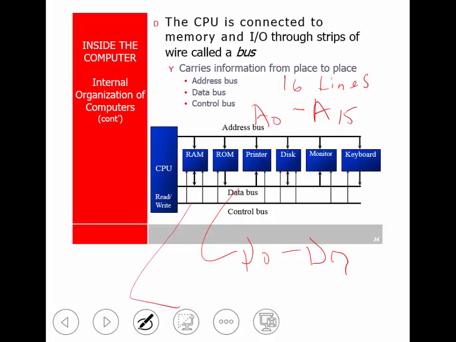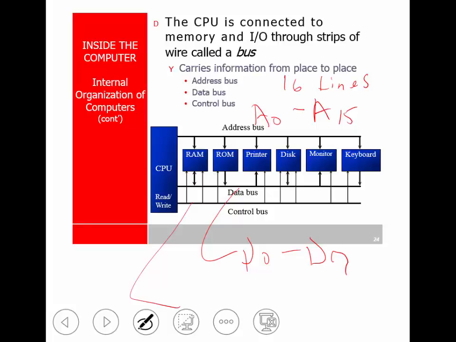In the case of a microprocessor, it's a number. The only thing that's stored at these memory locations are numbers, but these numbers can represent other numbers. They can represent pictures. They can represent text. They can represent everything. Everything is represented by a bunch of numbers. So this is the typical inside organization.